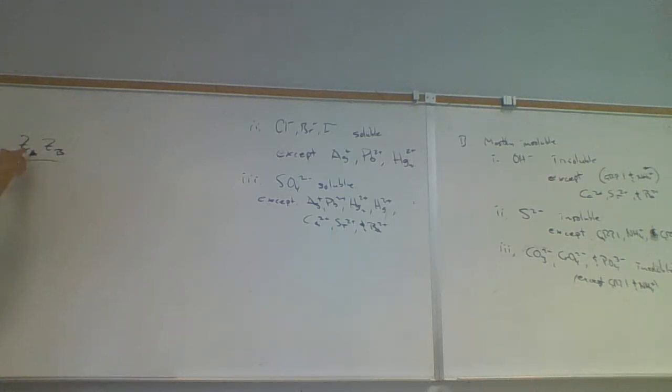Well, let's look at the charge. If I change the charge from +1 to +3, what just happened to the force? The force just tripled, right? So if ZA goes from 1 to 3, the force is tripled, meaning that the lattice is going to be much stronger.